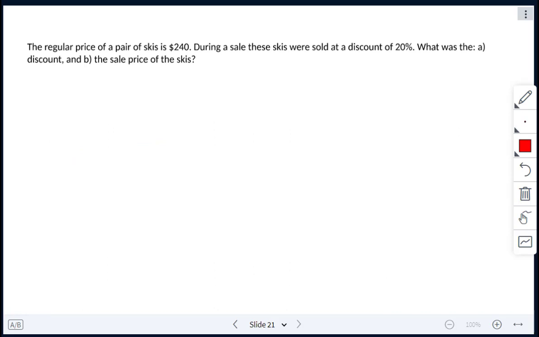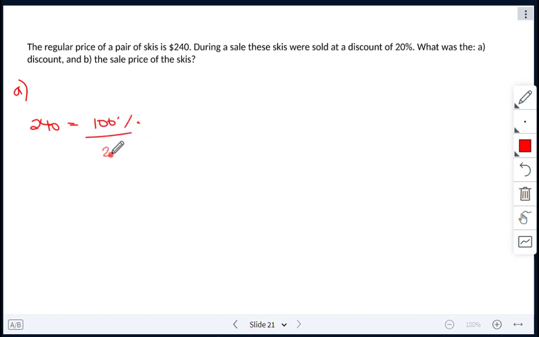All right, so for this question, the regular price of a pair of skis is $240. During a sale, these skis were sold at a discount of 20%. What was the discount? And then B, what was the sale price of the skis? Okay, so for part A, we'll set up our ratio. $240, that's the regular price, so that's 100% of the price.